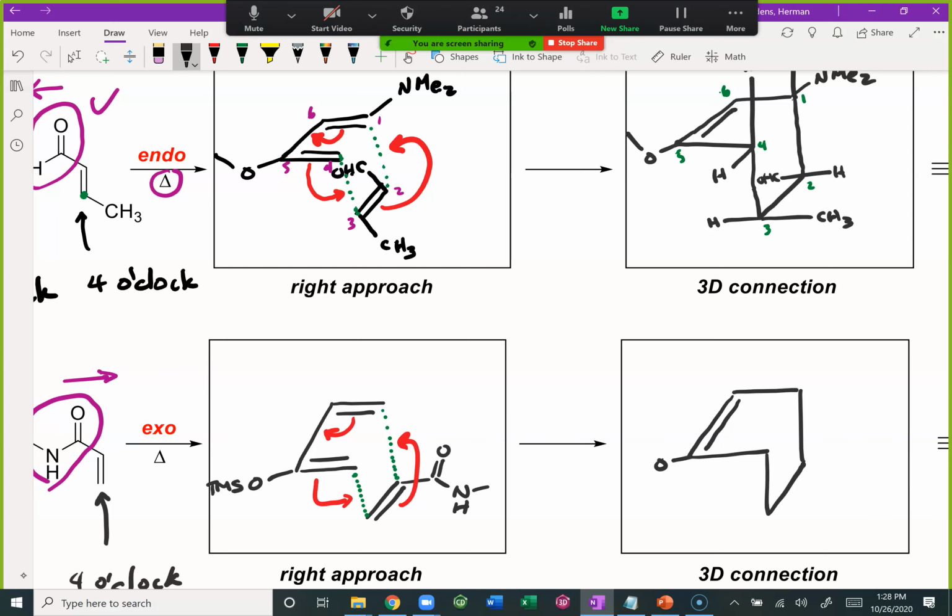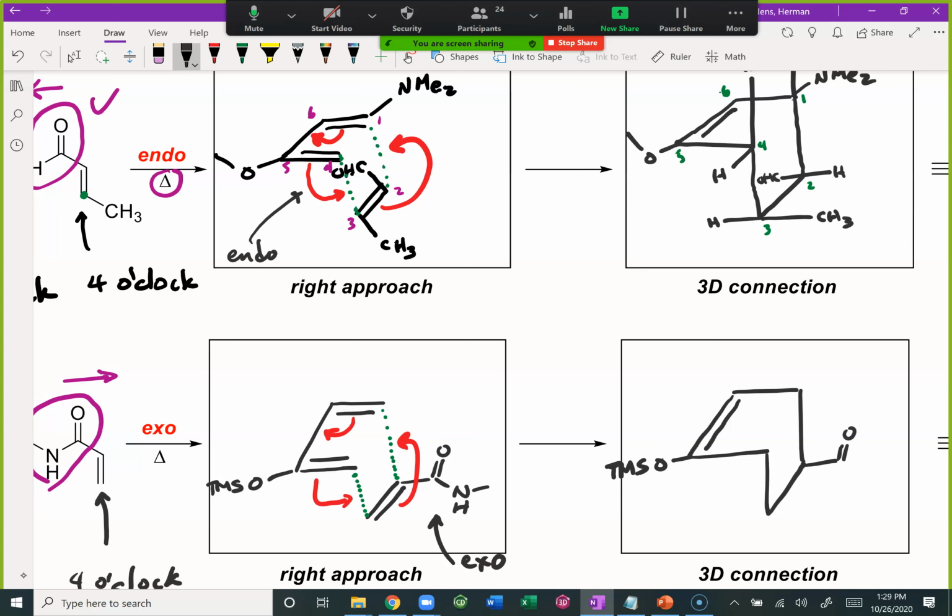So OTMSO will be there. This group will be outside. This makes it exo, like that one makes it endo.